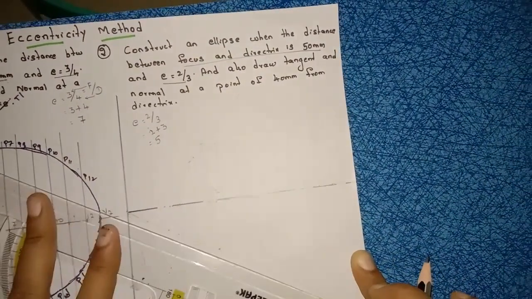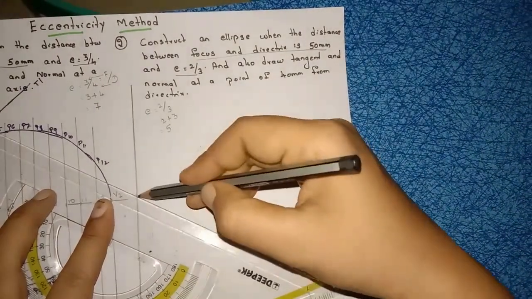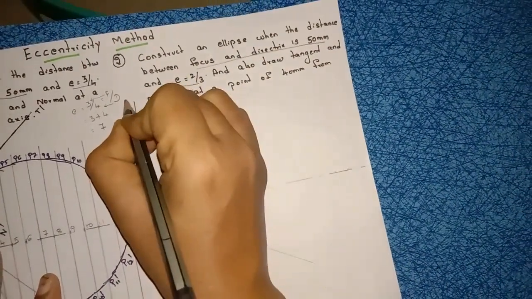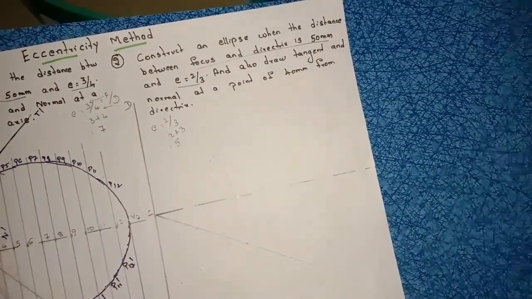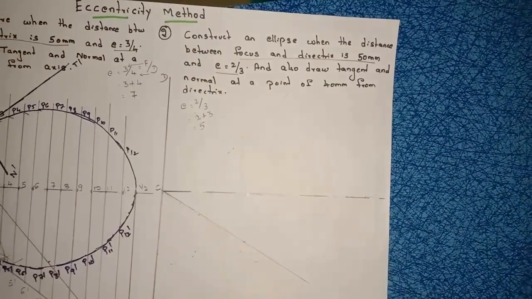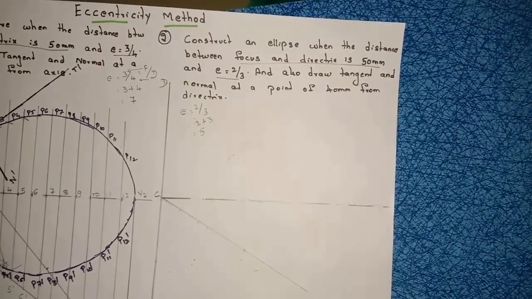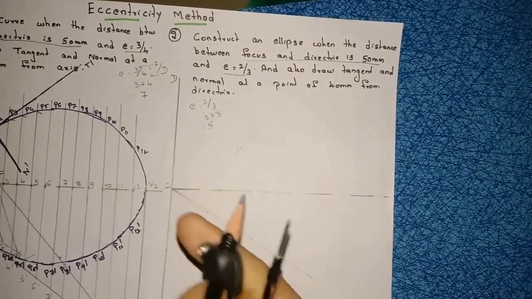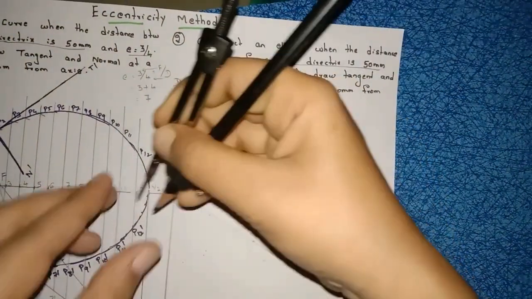Draw the line, right? So this is your directrix line D, D dash. This is your axis line, right? I am taking a 30 degrees angle in order to divide it into 5 equal parts. Then take the compass, take any radius, but the condition is don't change the length of your radius, right?